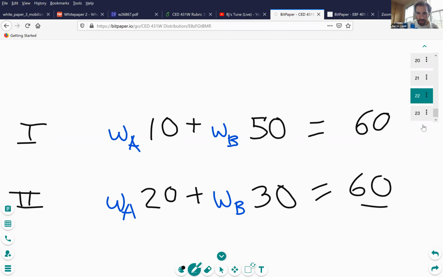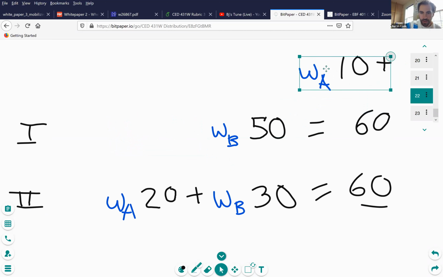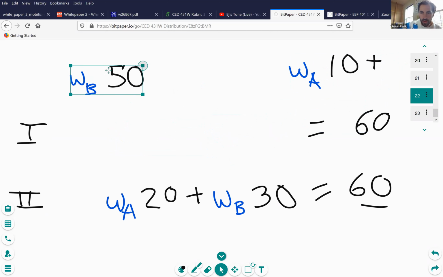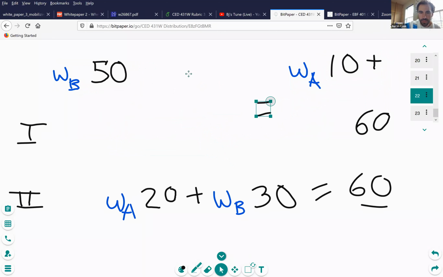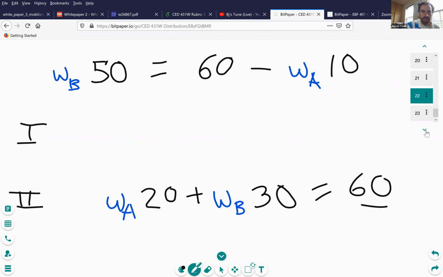We could do some algebra here, moving some of these terms around. If WA times 10 plus WB times 50 is 60, then WB times 50 is equal to 60 minus WA times 10. So that's the first equation.